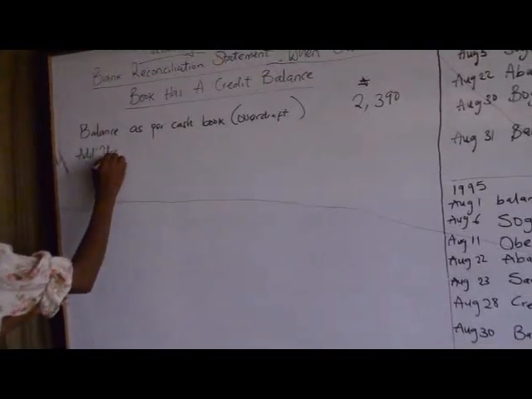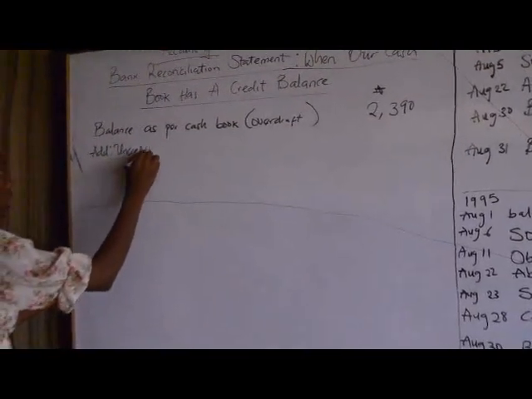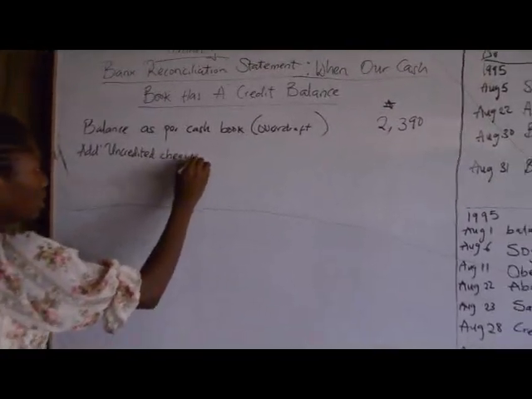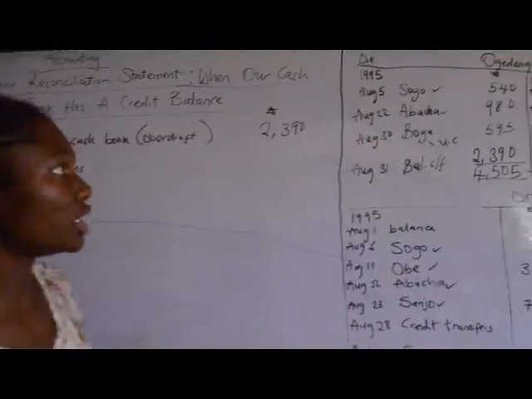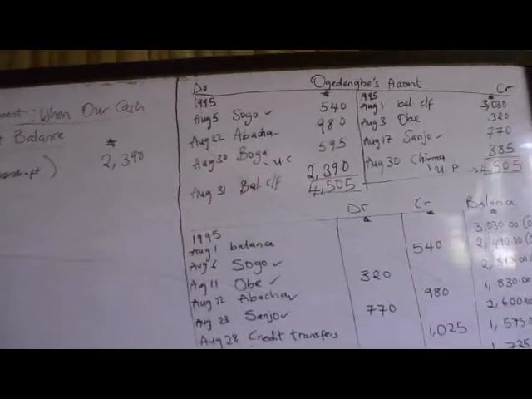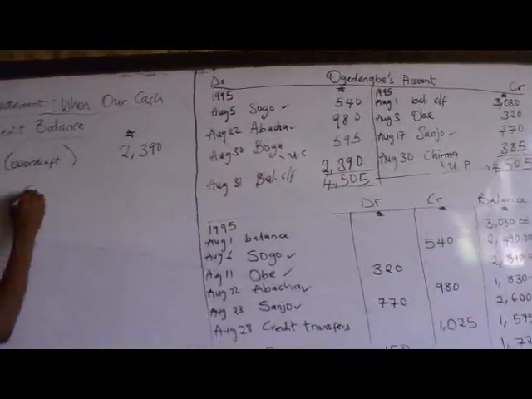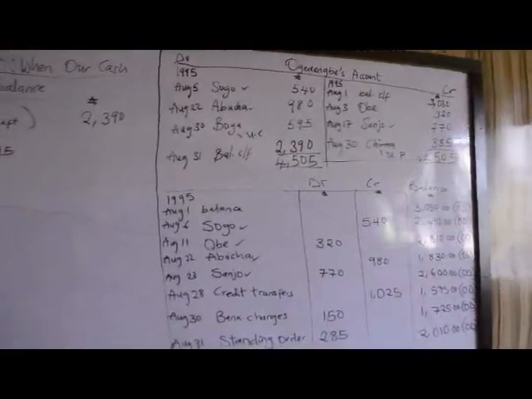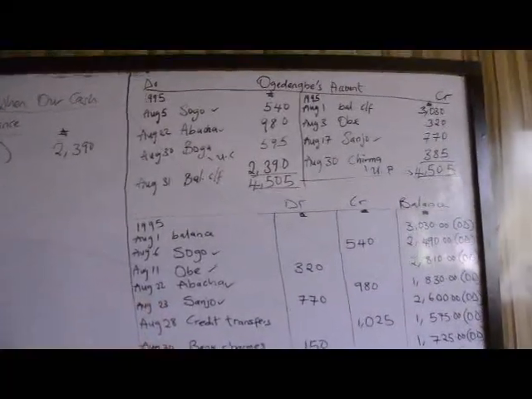The next thing we're going to do according to our format, we will be adding our uncredited checks. Our uncredited check, like I said, is on the debit side. So that's how much? 595 naira. Alright, we'll also be adding bank charges.